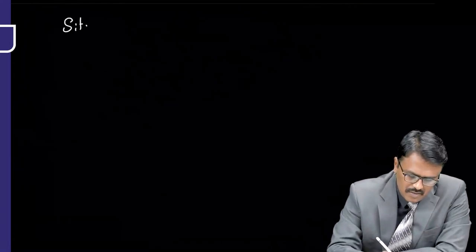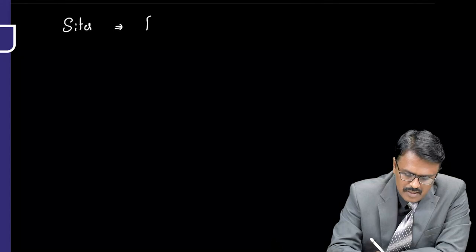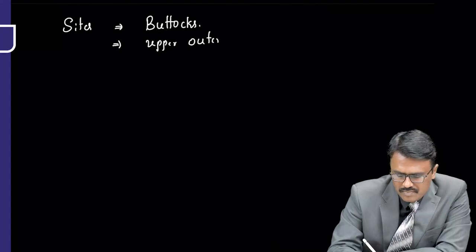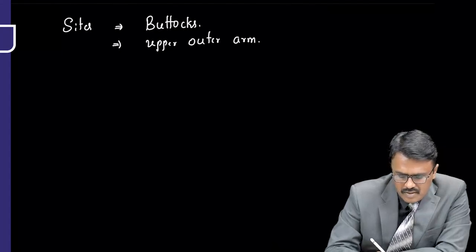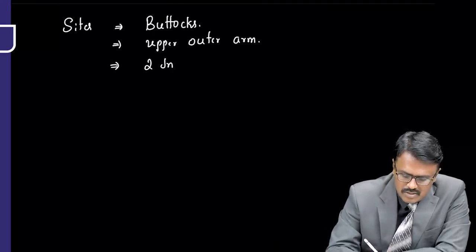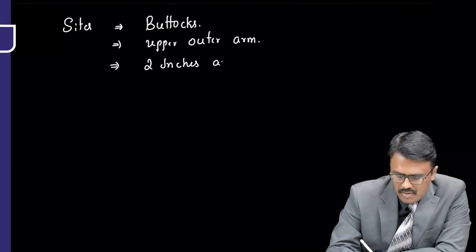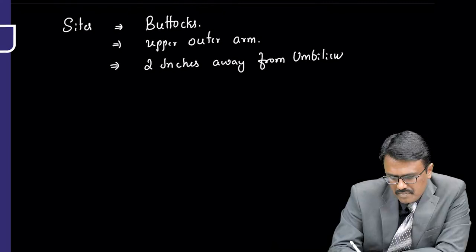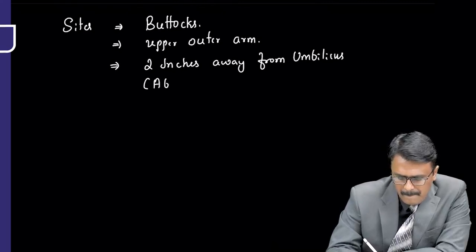The sites of giving insulin are the buttocks, then the upper outer arms, then another important one, 2 inches away from the umbilicus, that is the abdomen.